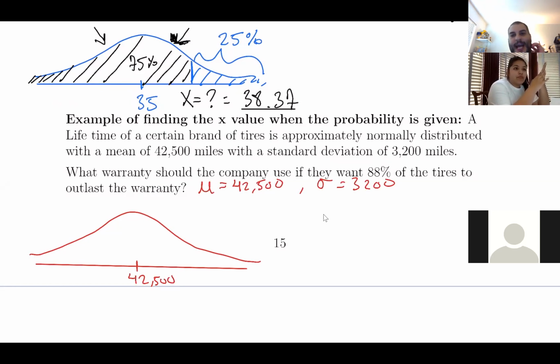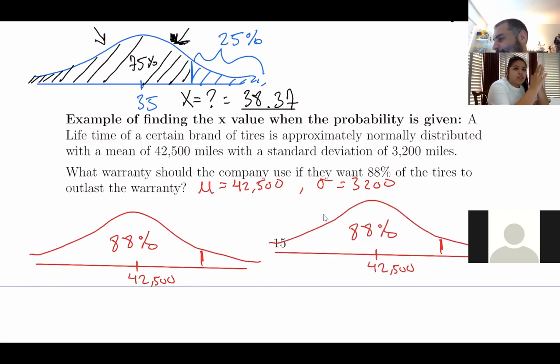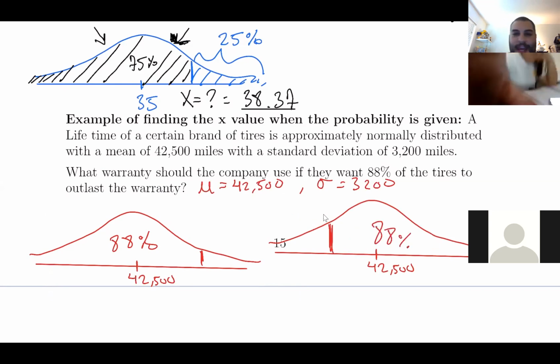So if the tire lasted a certain amount of time, would I say this is my 88%? The other side. Or should I say this is my 88%?